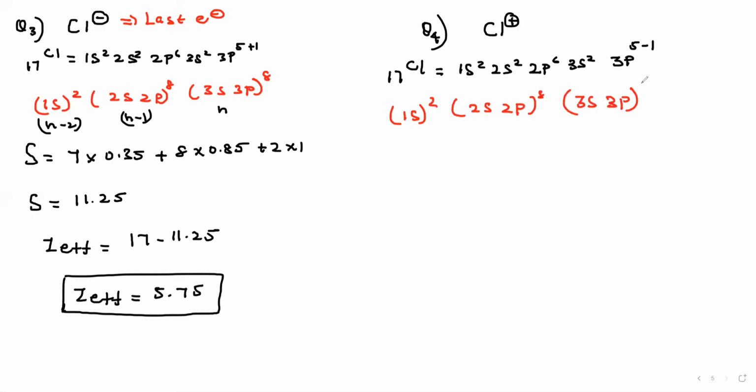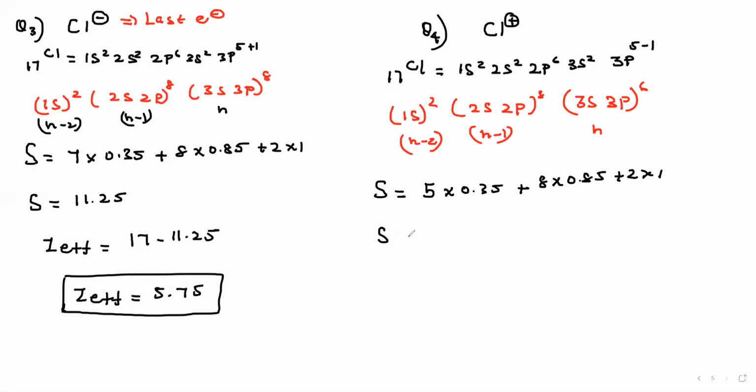You got it? Now again, this is N, this is N minus 1, this is N minus 2. Okay, now the S value. This is the last electron. Only you take 5, right? 5 electrons in 0.35 plus 8 into 0.85 plus 2 into 1. Now what is the S value?